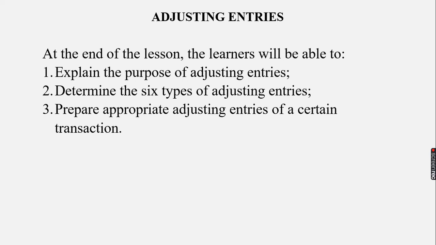So kailangan nating mag-adjust dun sa mga transactions, especially let's say for example bumili ka ng supplies mo January 1, and then syempre at the end of the year nabawasan na yung supplies mo, so kailangan mo siyang i-adjust, gawan ng adjusting entry.